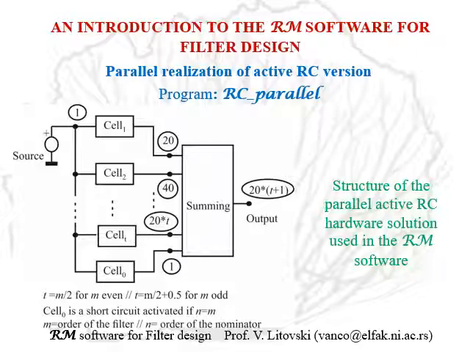So the analog source is driving a set of parallelly connected cells, which are second order, except in the case when the filter is of odd order and then one of the cells is first order. Then comes the summing amplifier, and no need of anything else is necessary.